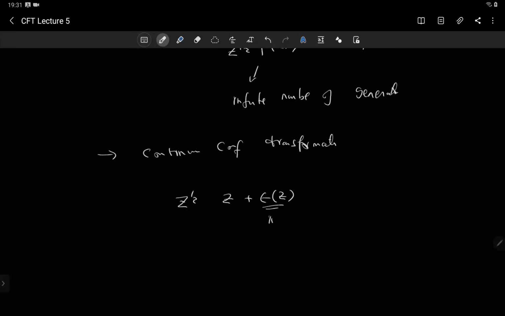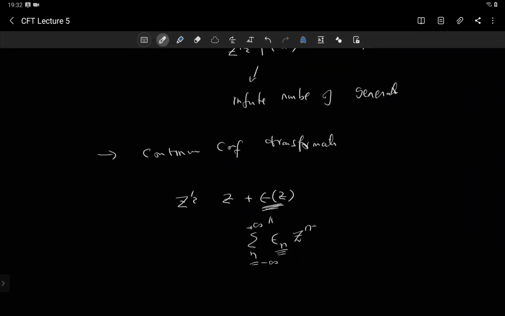What it means is that, since it is a complex function, if you do a Laurent expansion around z equal to 0, then you can write this as the sum over n of epsilon_n z^(n+1), where n is from minus infinity to plus infinity. Infinitesimal transformation means that these epsilon_n's are small, infinitesimal numbers. Okay, that's what it means.